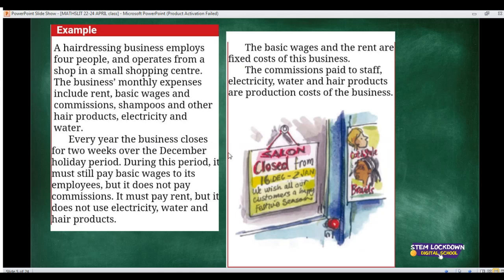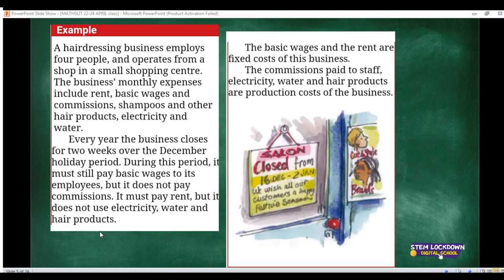Every year, the business closes for 2 weeks over the December holiday period. During this period, it must still pay basic wages to its employees, but it does not pay commissions. It must pay rent, but it does not use electricity, water, and hair products. The basic wages and the rent are fixed costs of this business, and the commissions paid to staff, electricity, water, and hair products are production costs of the business.